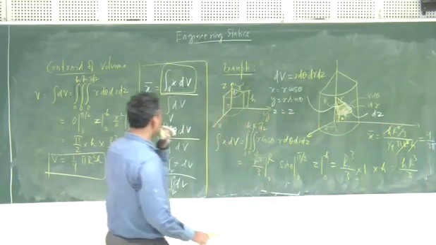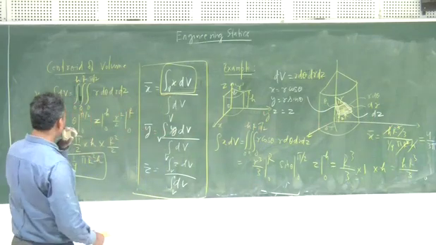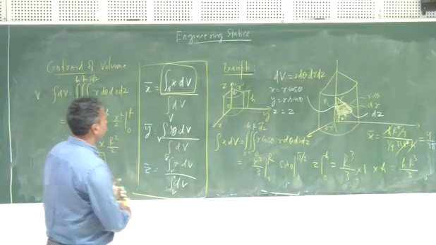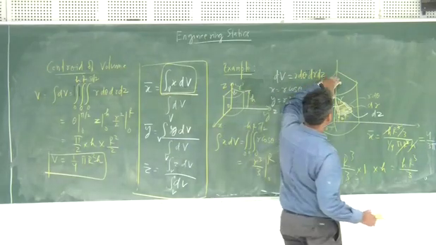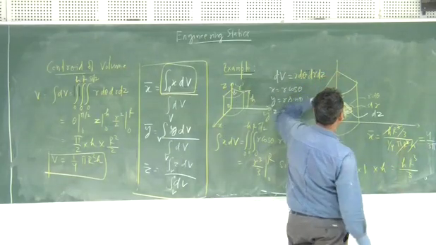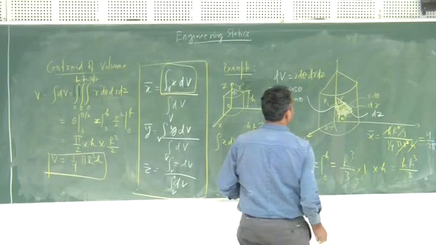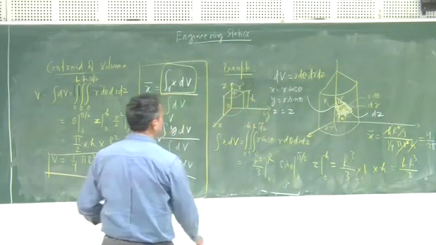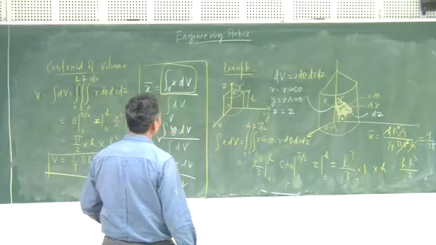X bar in this case will be given by 4 r by 3 pi along this direction, and similarly, because of the symmetry, you can find y bar also.